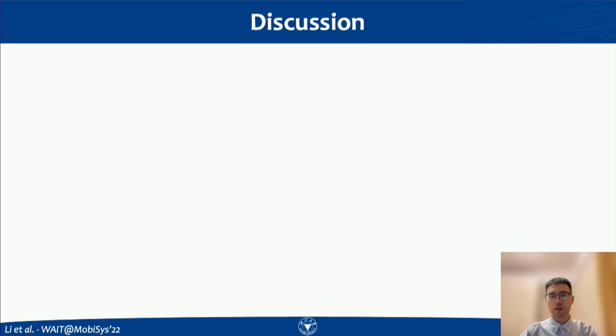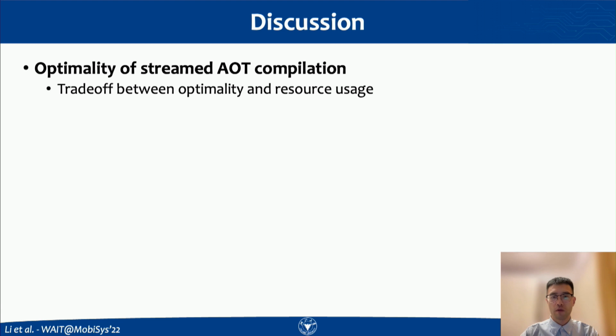Before the end of this talk, we want to discuss the design choices and limitations of WAIT. First, we would like to discuss the optimality of the streamed AOT compilation. The existing compilation infrastructures such as LLVM read the whole module into RAM, analyze it, perform several optimizations, and then compile it to native.